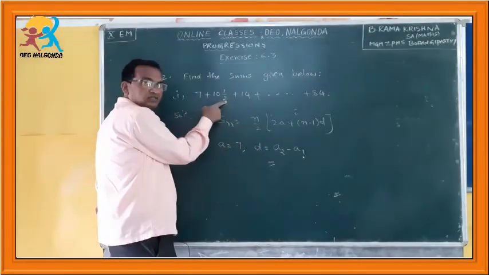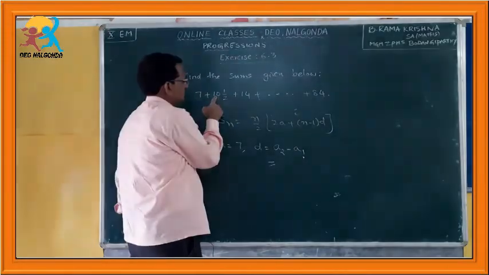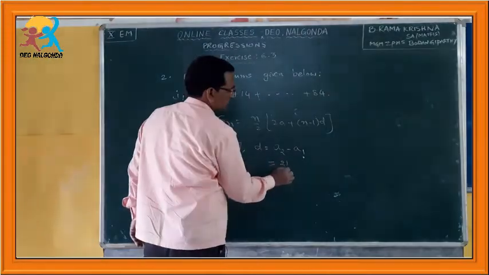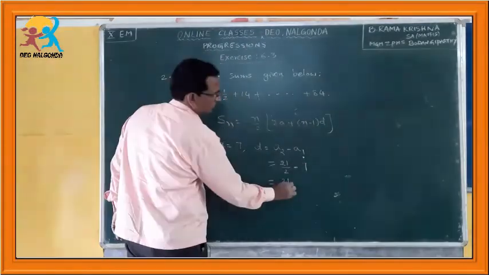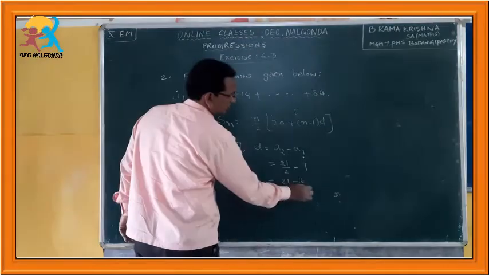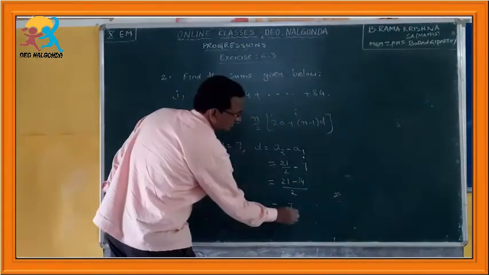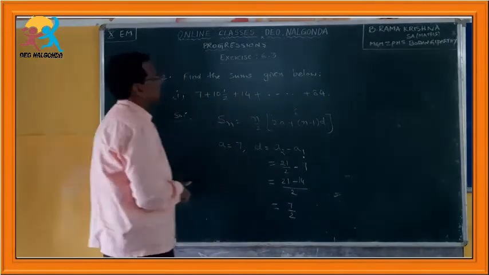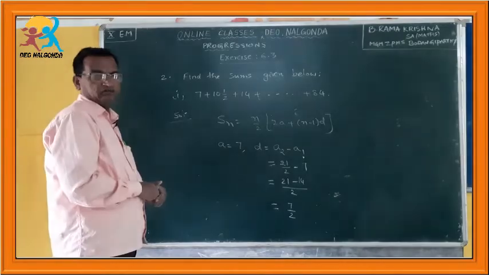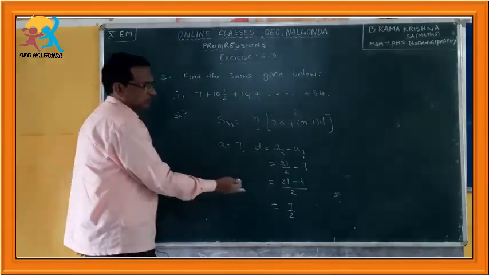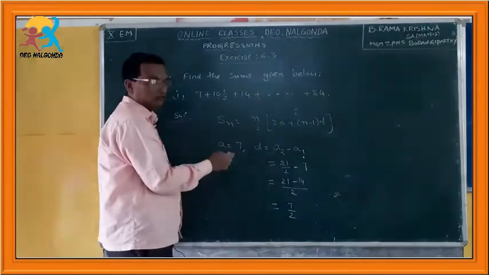You have to convert this mixed fraction into an improper fraction. 2 10s are 20, 21 by 2 minus 7, which is equal to 21 minus 2 7s are 14 by 2, which is 21 minus 14, that is 7 by 2. That is nothing but 3 1 by 2. Okay. So 3 1 by 2 or 3 and a half is D, the common difference.